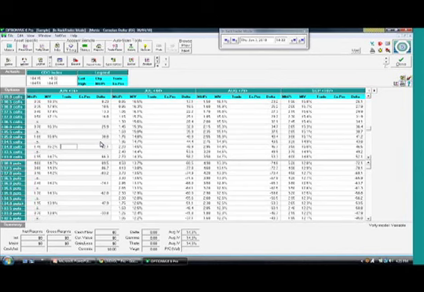And the first trade we're going to look at is buying a 104-106 call spread.